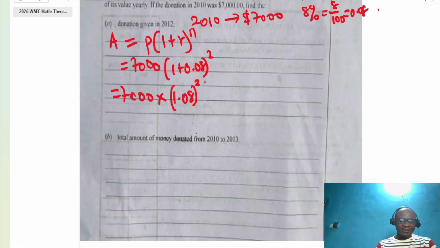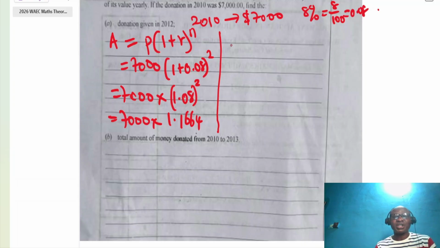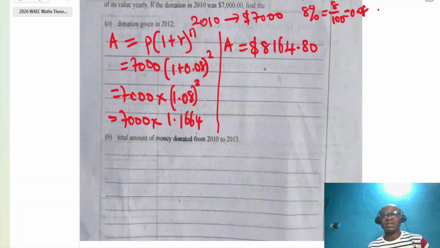Now let us find the power using the calculator. 1.08 raised to power 2 gives 1.1664. Then multiplied by 7,000, I will now get that in 2012 the amount donated is $8,164.80.